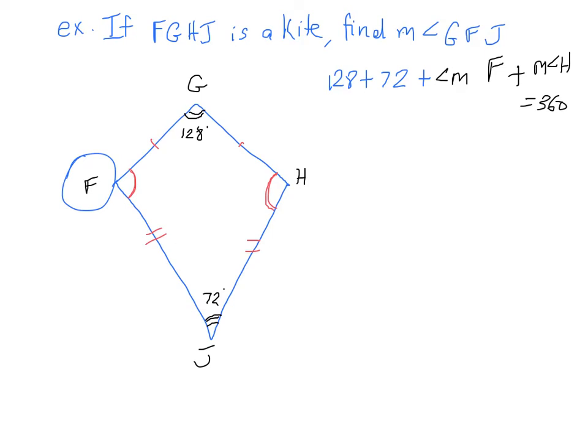However, we do know that the measure of angle F and the measure of angle H are the same thing. So I can replace this with the measure of angle F.